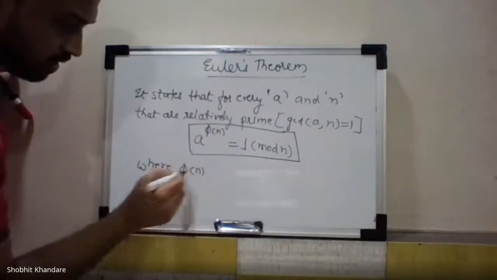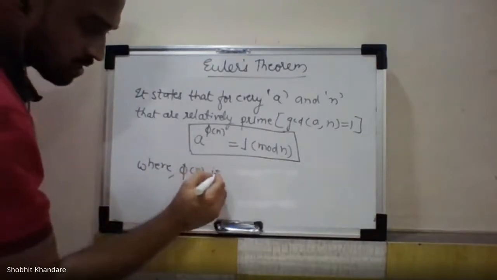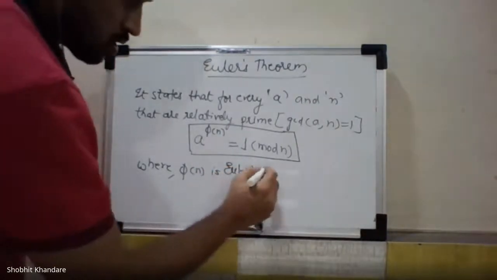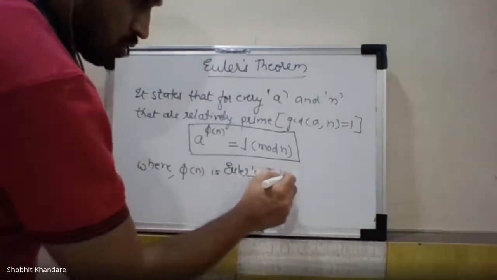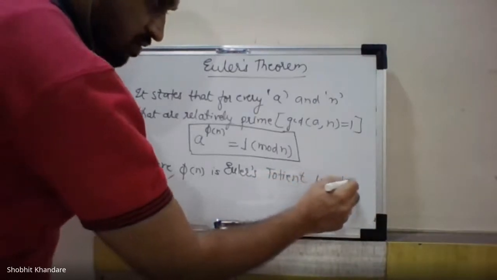phi of n, as you already know, is Euler's totient function.